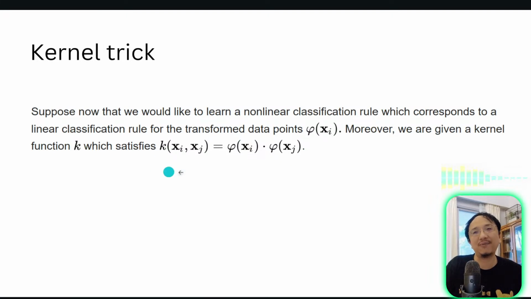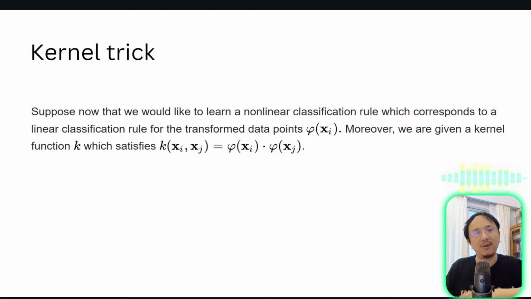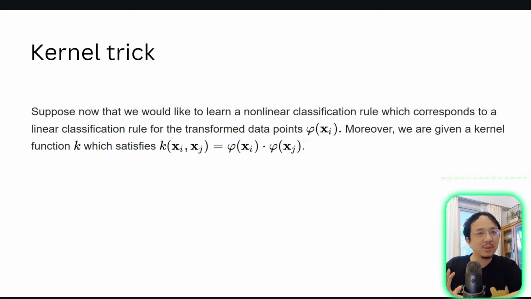We only need this information. But we want to derive the mathematical formula, so we still need these symbols here. Okay, but just a remark that we'll get rid of this mapping. We don't need this mapping directly. We only need this kernel function, the inner product between them. We only need this information.